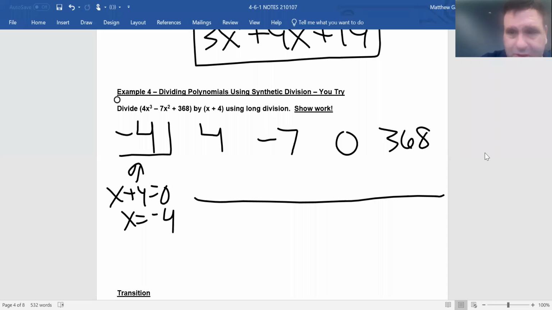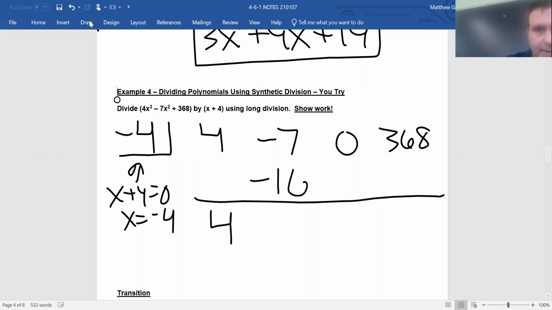Okay, welcome back. I left this the same way. If you're doing it, start with 4 times negative 4 is negative 16. Negative 7 and negative 16 is negative 23. Then negative 23 times negative 4, I believe, is 92. With some numbers, you really got to use a calculator. It is 92.